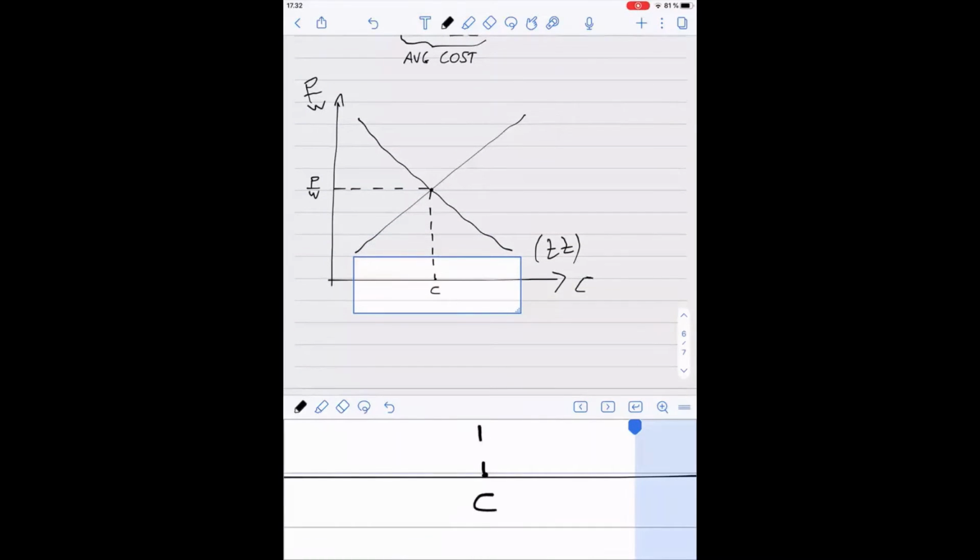Okay, so question, why are we using P over W instead of just P? Well, you know from Walras' law that if n minus 1 markets are in equilibrium, the nth market is in equilibrium. And for such reason, you can only express prices relative to something. Right?